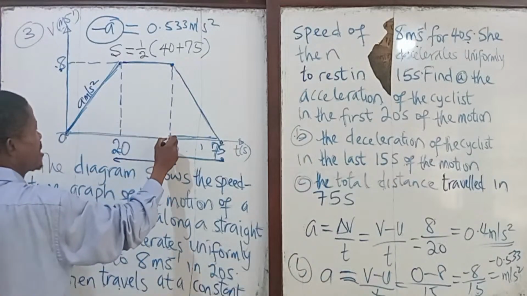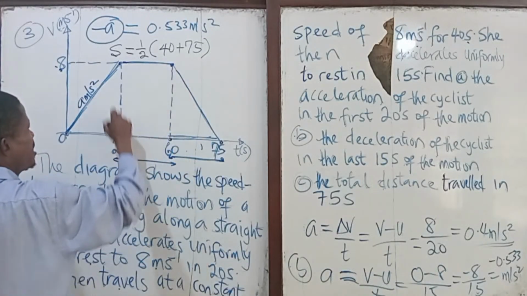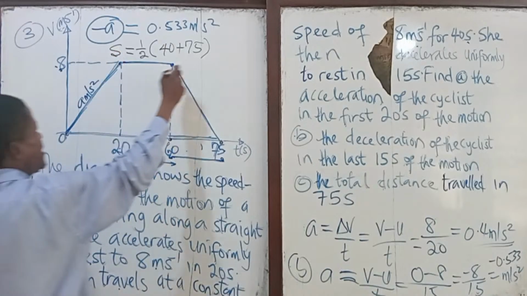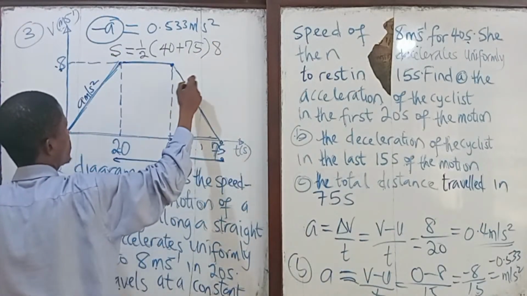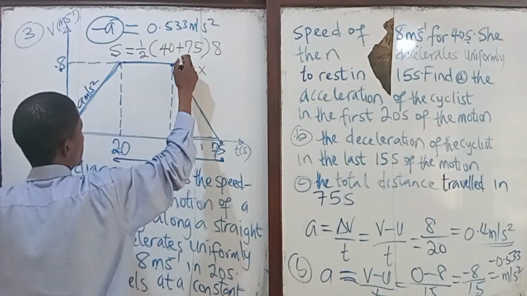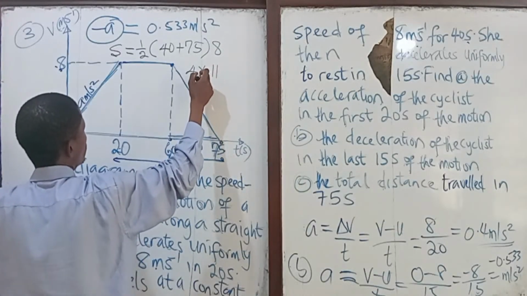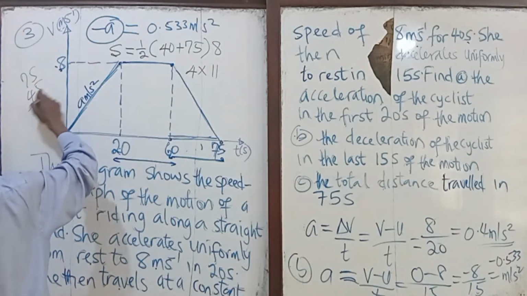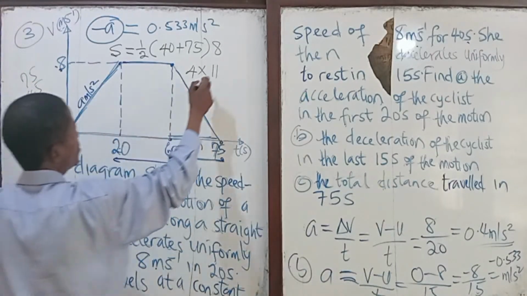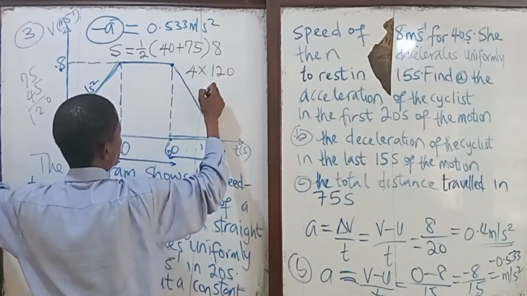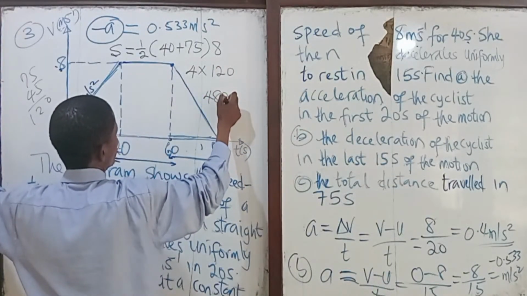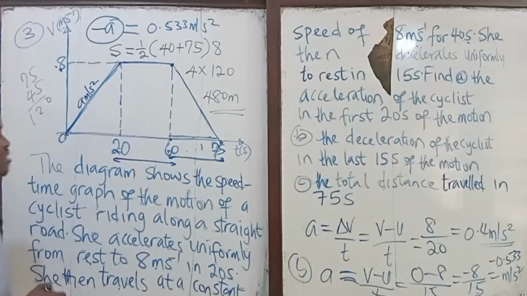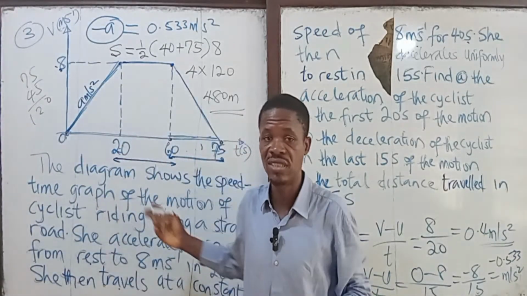The height is from here to here. That's 8. And that will give you 4 times 75 plus 45, that's 120. 4 times 120, I think that's 480 meter for the total distance traveled. Then you make a statement that the total distance traveled is 480 meter.